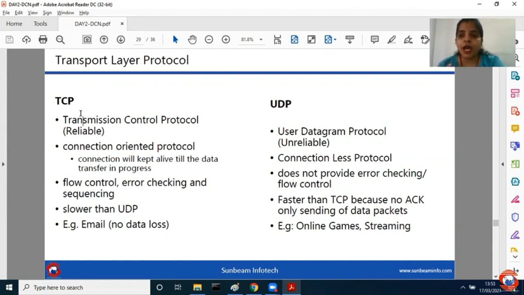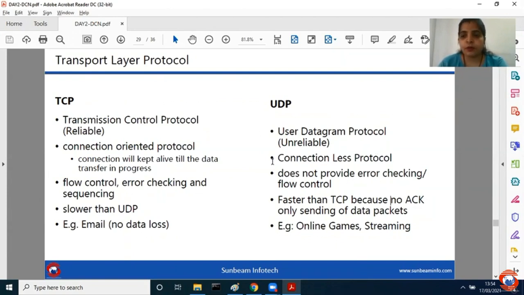What I just want is fast data, and that is called UDP. UDP is a connection-less protocol. It does not provide error checking. Once a packet is lost, it is lost, and it will go ahead. But in case of TCP, it will never happen that characters go missing in between.